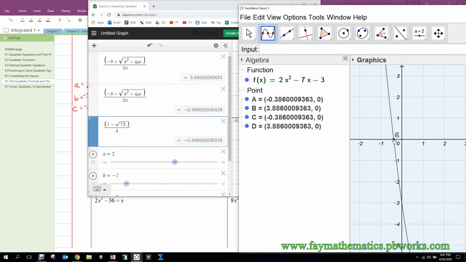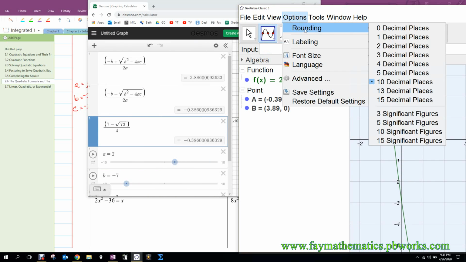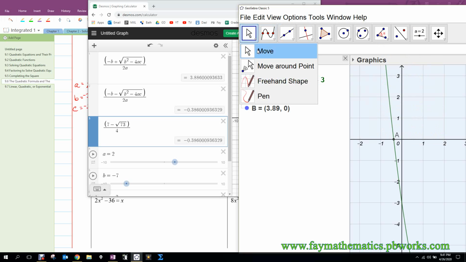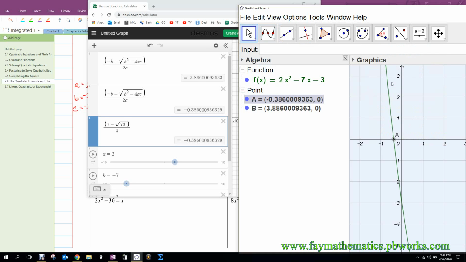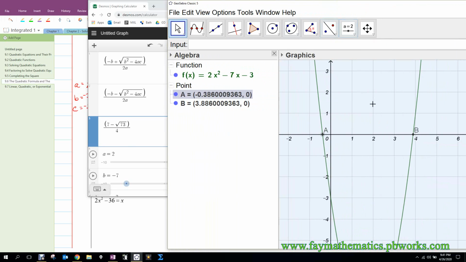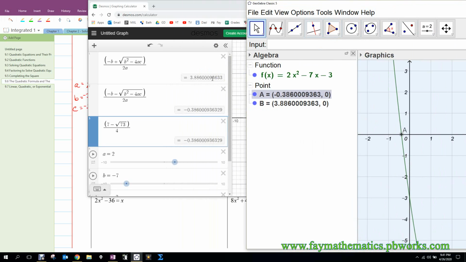We get the negative 0.38 number, which was the minus root 73 one. And then here we get, so B is the 3.8861, which would have been that 7 plus square root 73 over 4.